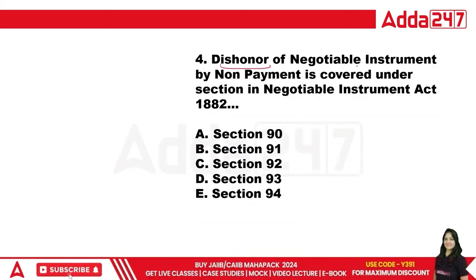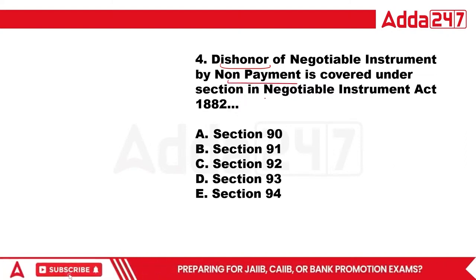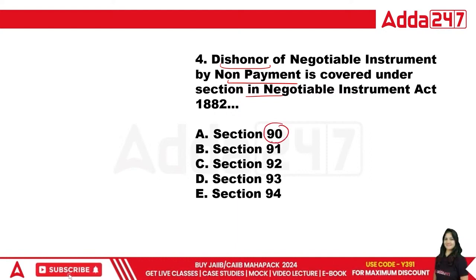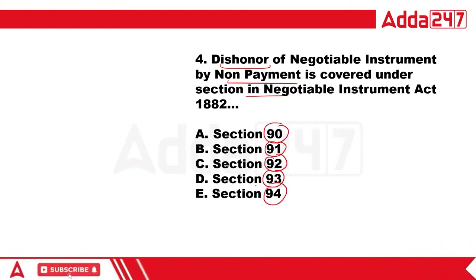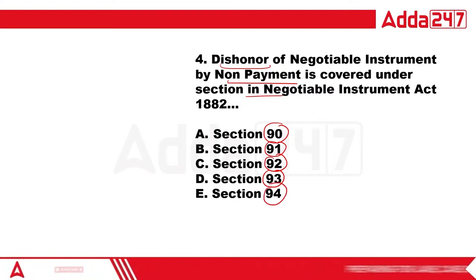Dishonor of NI, negotiable instrument, by non-payment is covered under which section of the NI Act? 90, 91, 92, 93, 94. Tell me, class, what is the right answer?